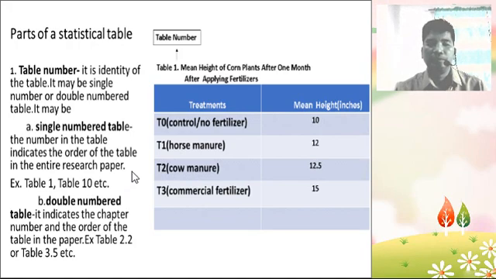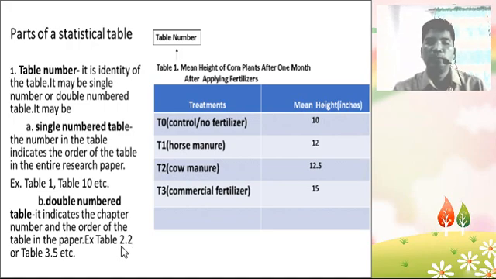Then letter B, double numbered table. It indicates the chapter number and the order of the table in that paper. For example, table 2.2 or table 3.5. So in double numbered table class, the first number will indicate the chapter and the second number will indicate the order of that table in that particular chapter.